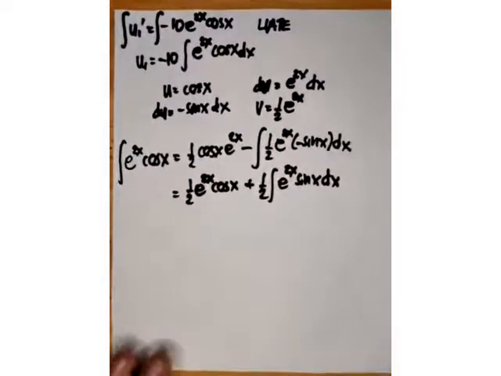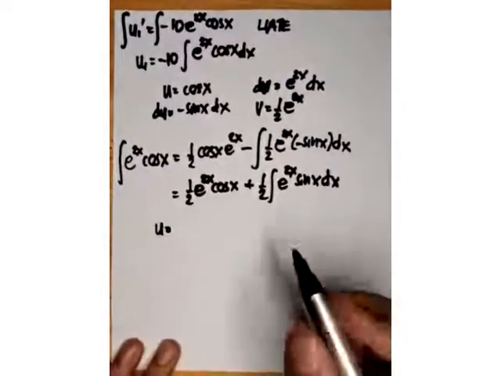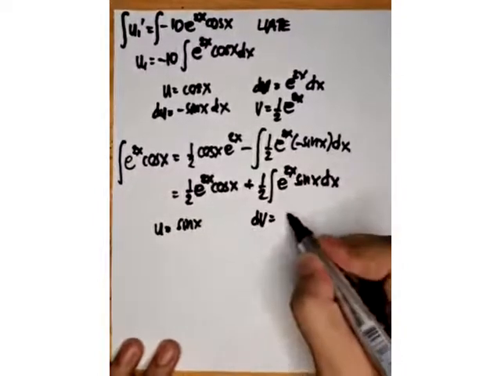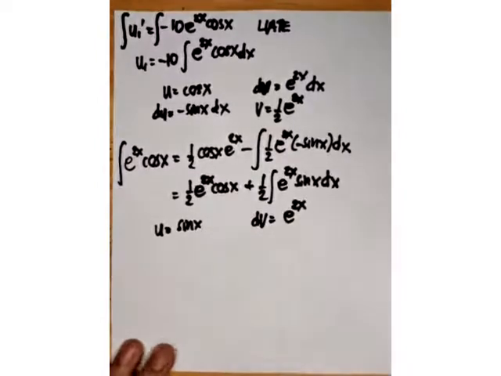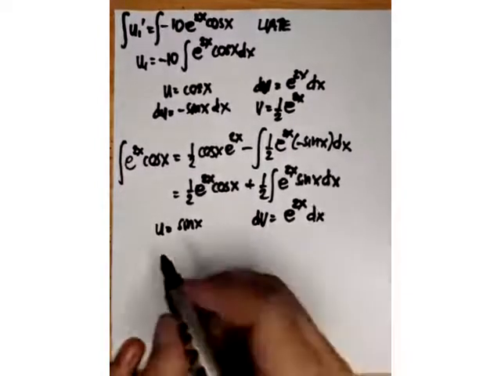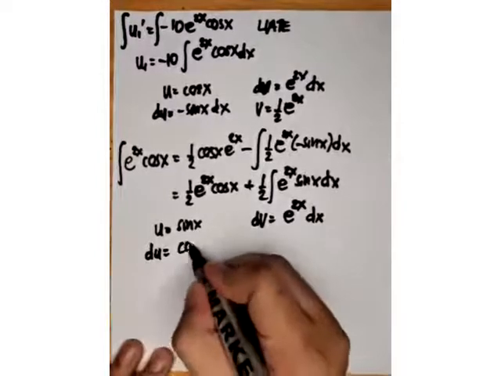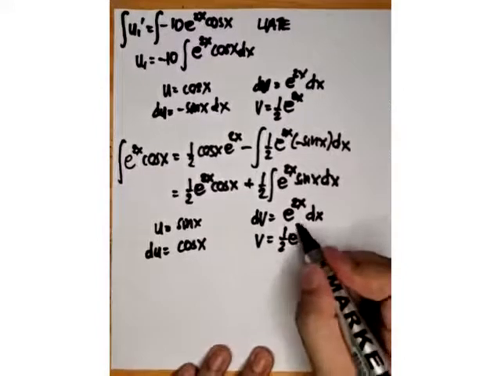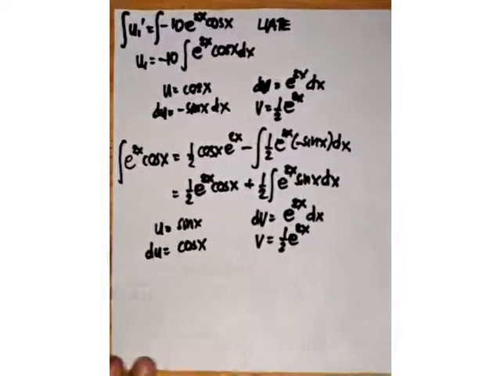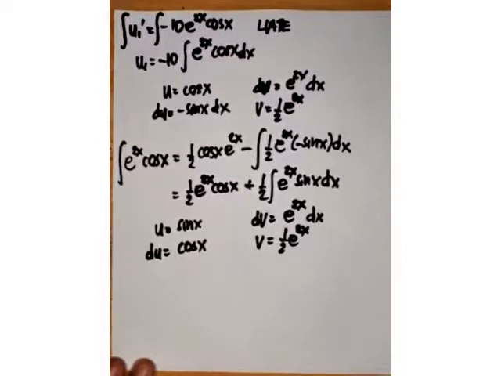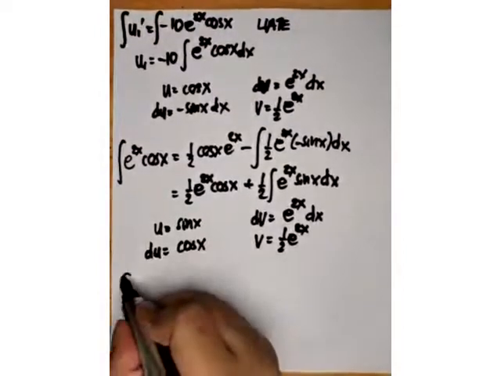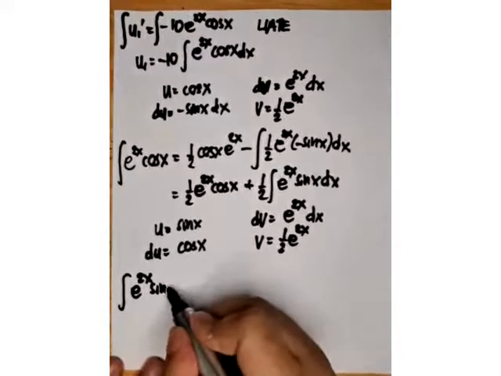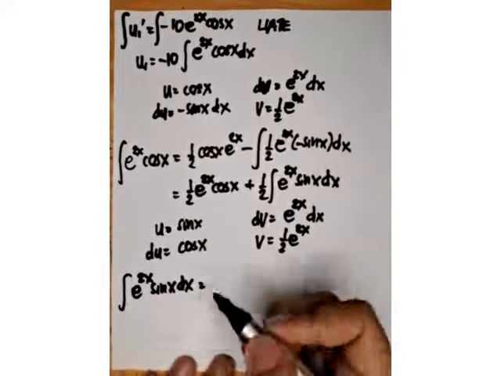So we'll do by parts again. So u is liyate ulit, so it's sine x, and then dv is still e raised to 2x dx. So du is equal to cosine x, and then v is 1/2 e raised to 2x. So therefore, ang integral ng e raised to 2x sine x dx ay equal siya sa uv.